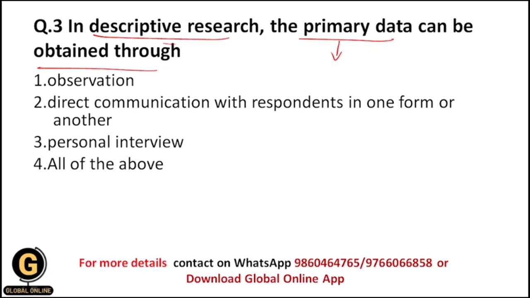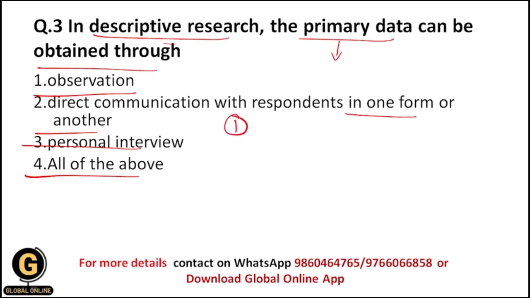This is the data which is there for the first time, and it is called primary data. So we have different options: observation, direct communication with respondents in one form or another, personal interview, all of the above. Basically students, there are lots of data collection methods in descriptive research through which we can collect the primary data.